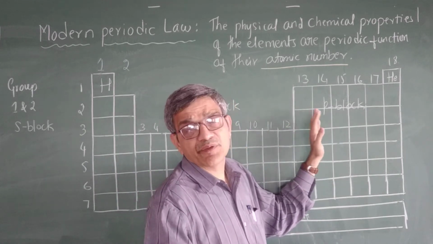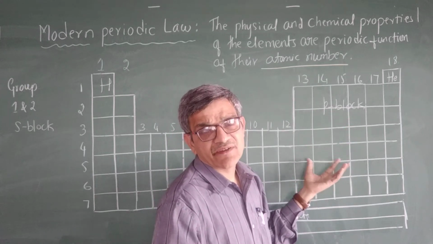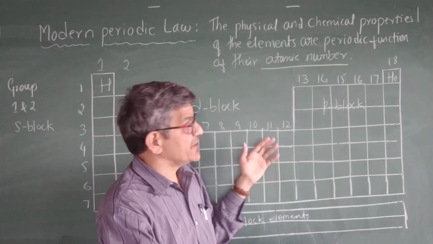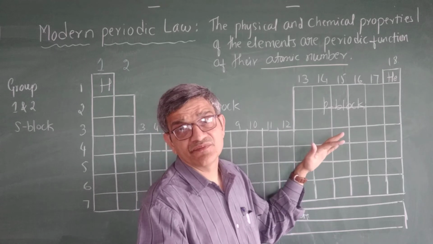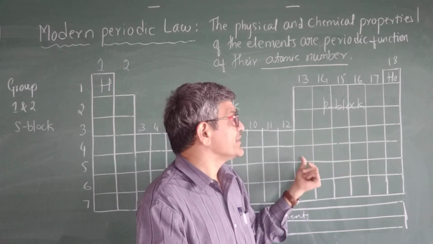One more property of P block elements: here we can find almost all types of elements. We can find solids, liquids, gases, then metals, non-metals, and metalloids. All types of elements can be found in P block elements.